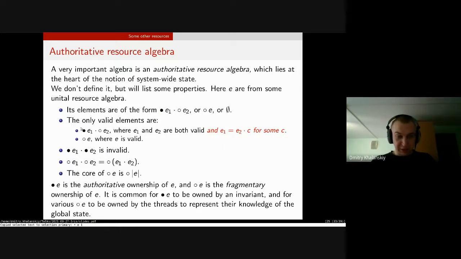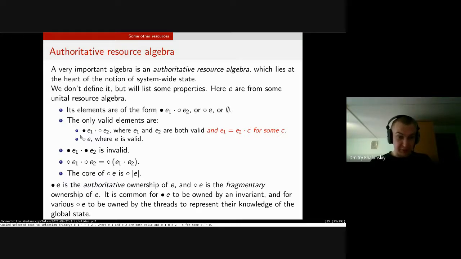If our element contains an authoritative piece, as well as a fragmentary piece optionally, then this element is valid as long as both of these wrapped elements are valid, and the fragmentary element is in some sense smaller than the authoritative element.